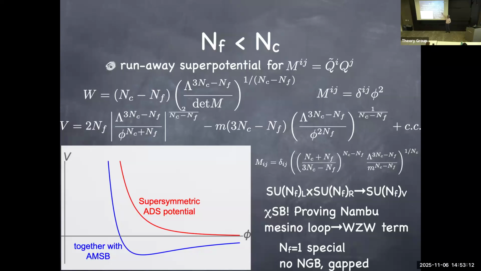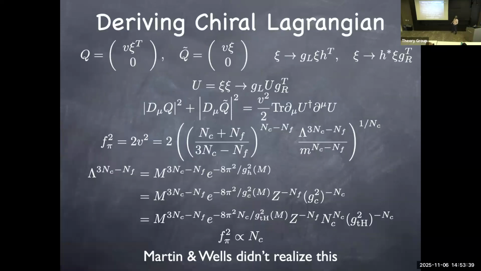Now that you have this potential, using this potential, I can compute the mass of the would-be U(1) Goldstone boson and show that it is indeed massive. Eta prime is massive. And you can do so also in the presence of other flavors. So you can see how the U(1) symmetry being anomalous ends up providing the mass for this U(1) Goldstone boson. And that's an explanation to the U(1) problem.